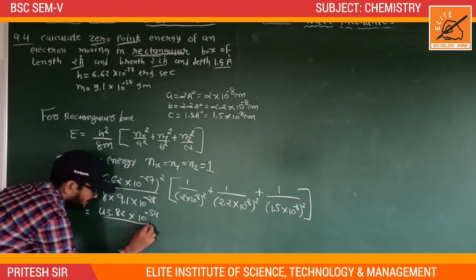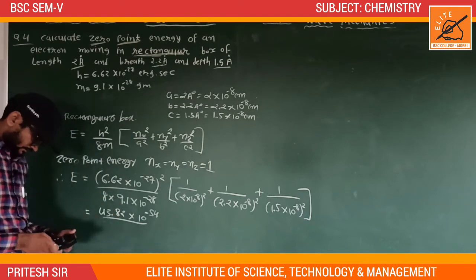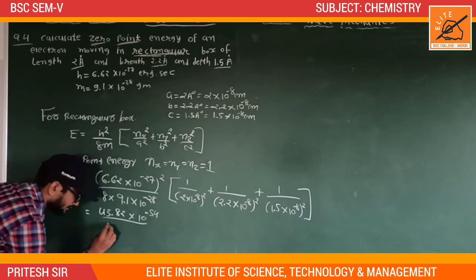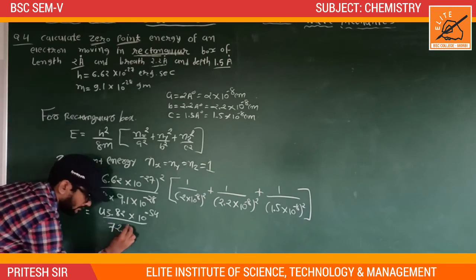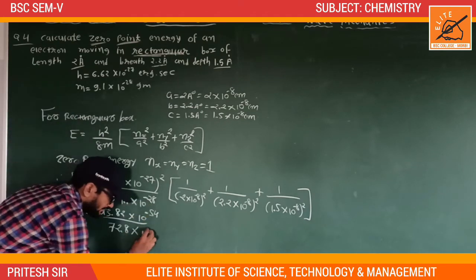Here 8 into 9.1 is equal to 72.8, into 10 to the power minus 28.